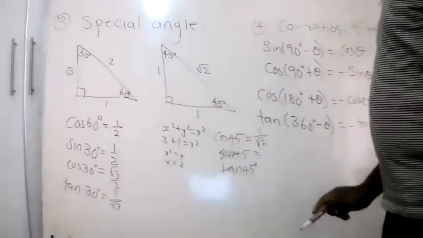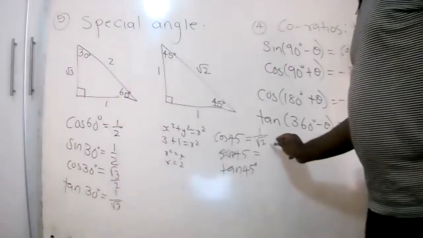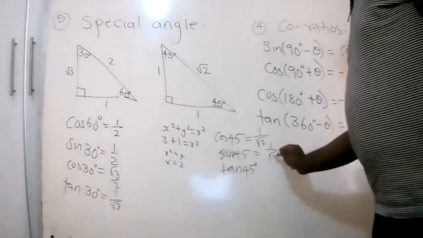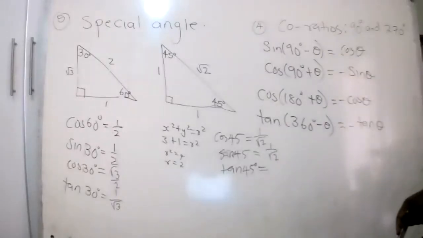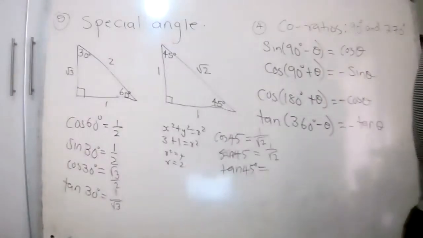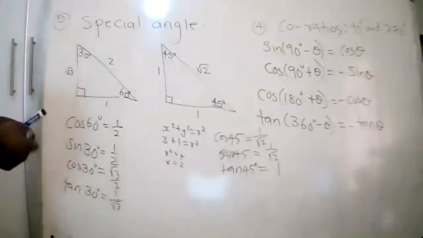What about sine 45? It's going to be 1 over root of 2. And then the last one, tan 45? It's going to be 1. Well done.